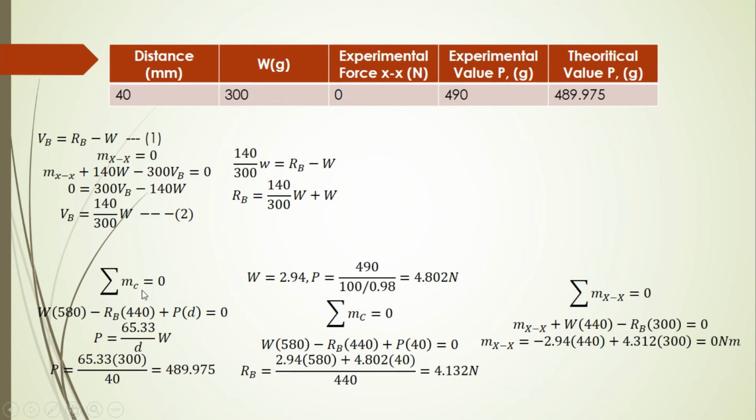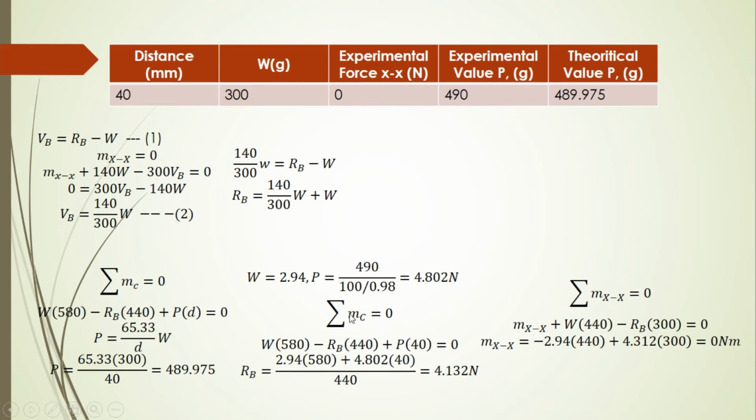Next, we find the total moment about C equal to 0, until we get P. We substitute the value of W and we get 489.975, which is near to our experimental value of P. So this is our theoretical result. We find P is 4.802 Newton.